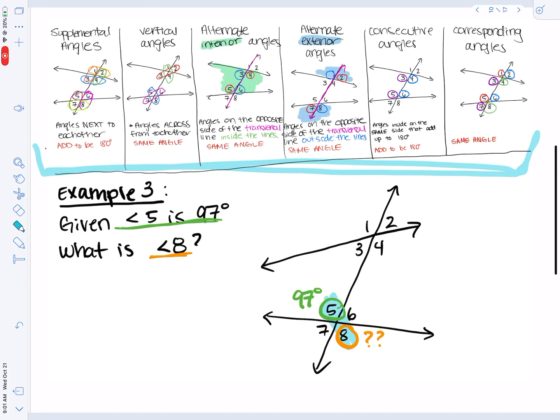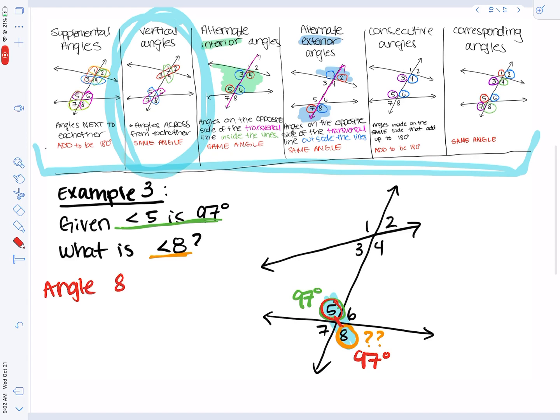We're going to use the vertical angle rule, which says if you have this angle and it's right in front of this angle, they're the same. So if angle 5 is 97, what's angle 8? 97 degrees. Angle 8 is 97 degrees. Very good.